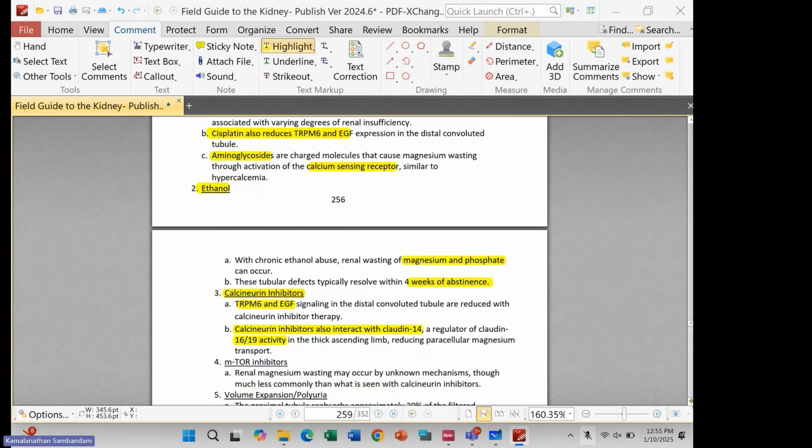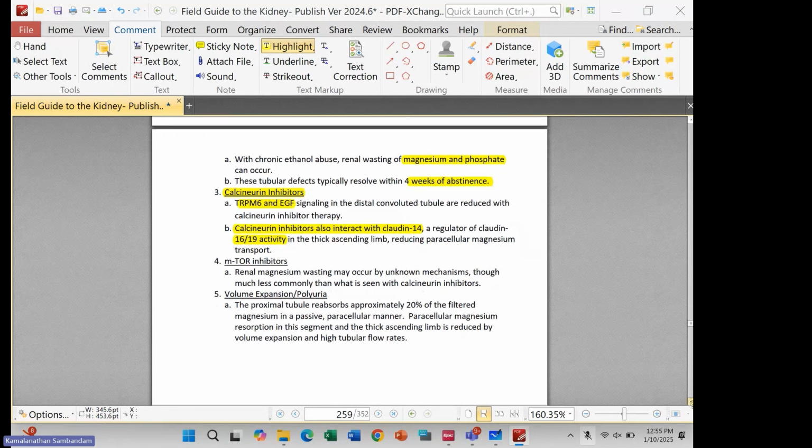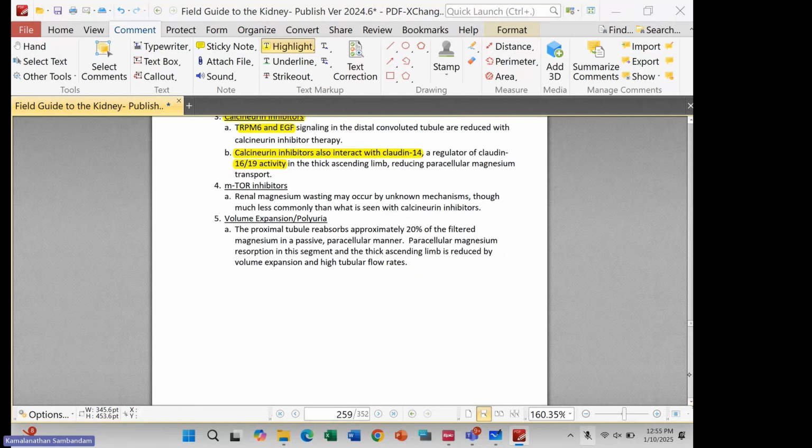Remember again, don't always anchor around calcineurin inhibitors. Think about the PPI in the patients post-transplant who have sustained hypomagnesemia. There's a mild magnesium wasting that happens with mTOR inhibitors, and then anything that expands volume would reduce the transport of magnesium in the proximal tubule, even though the proximal tubule is not where the bulk of magnesium transport is occurring.